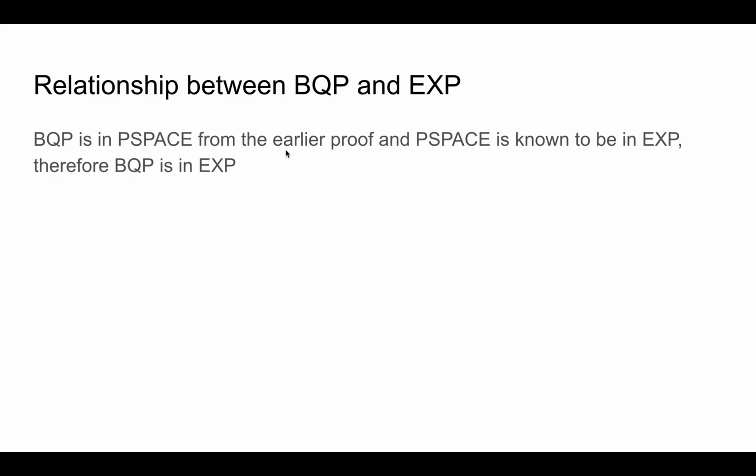That is a well-known fact. Combining these results, because BQP is in PSPACE, which is in EXP, by transitivity BQP is in EXP. So any problem in BQP can be solved deterministically by a Turing machine in exponential time.